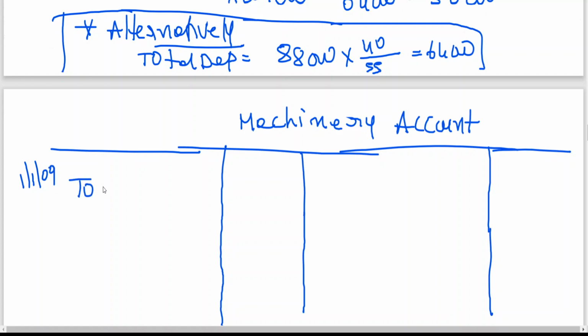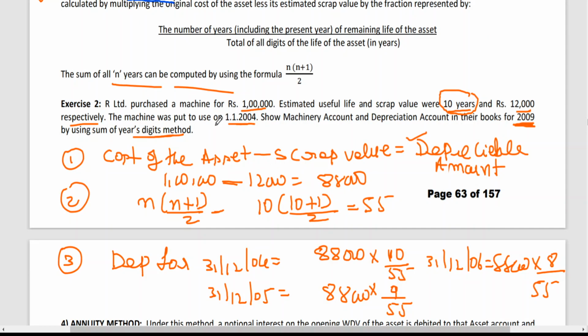I can't write bank. I can write bank only if I am opening the account right from the date of purchase, 1/1/2004. If I am writing on 1/1/2004, I have to write to bank. But he is asking for the machinery account and depreciation account only in the books for 2009. So that is why I am directly taking the book value.